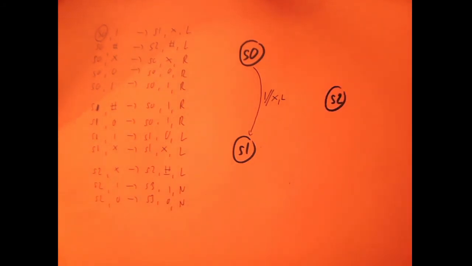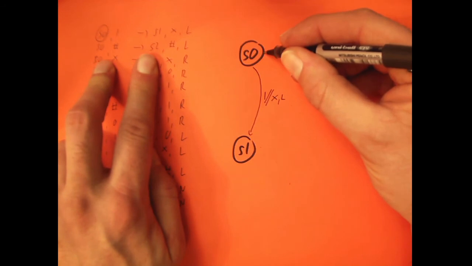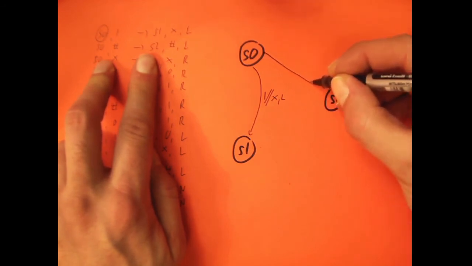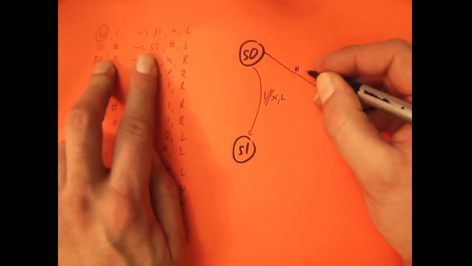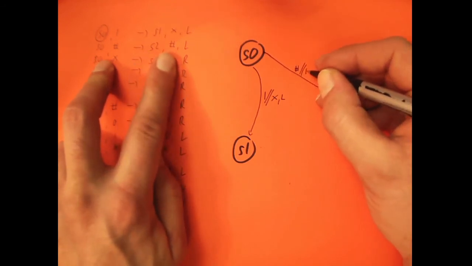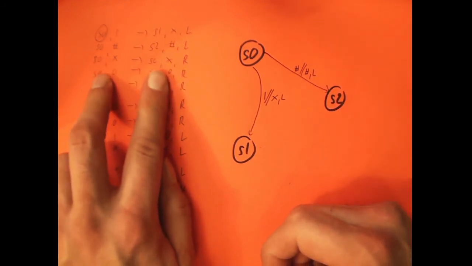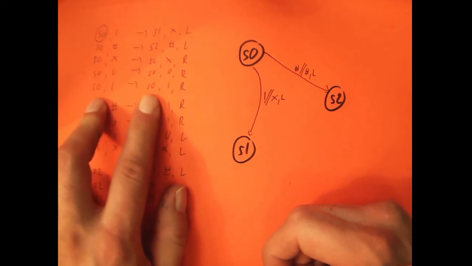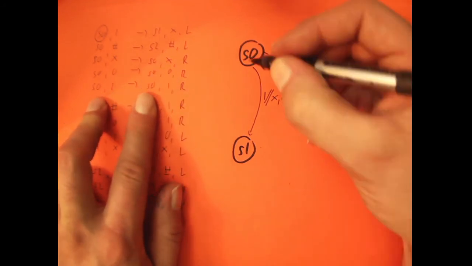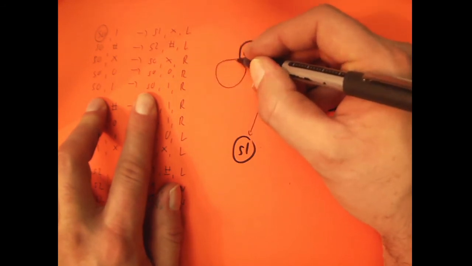And this change to S2 is the following. So we go from here to S2 when we read the blank symbol, and we write the blank symbol and go to the left. And the next ones keep the state S2. So in the next steps we always keep the state S2, so we have 3 loops to ourselves.